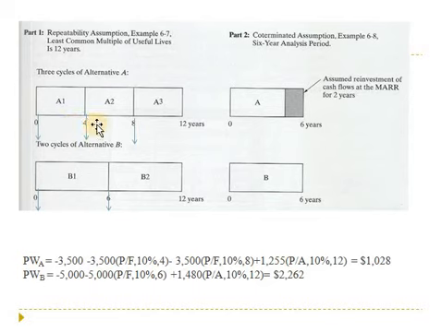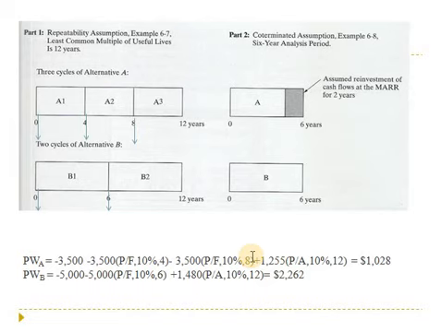Again, I have another investment at year 4. This is a future value at year 4 of minus 3,500, so P equals F into P, knowing F, i, 4. I'm going to repeat the investment again at year 8, so again I have minus 3,500 into P, knowing F, i, 8.